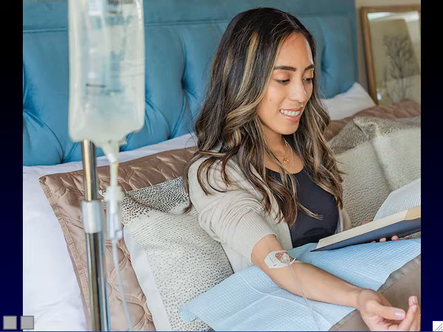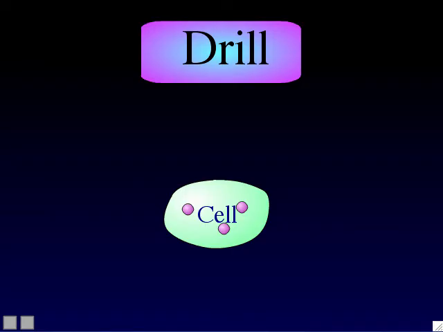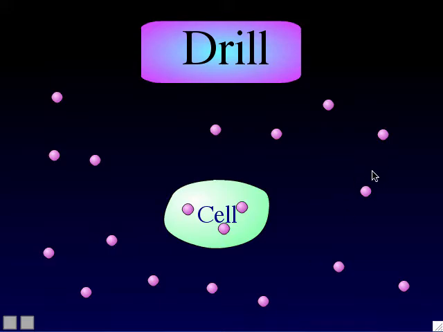Okay, so let me finish off this section on osmosis by giving you some drill questions here. All right, so here is a cell, and as usual, it has a certain concentration of solutes inside. And let's imagine that we're going to put this cell in a solution that has a higher solute concentration than the cell, like you see here. My first question is, is this solution outside the cell an isotonic solution, a hypertonic solution, or a hypotonic solution?